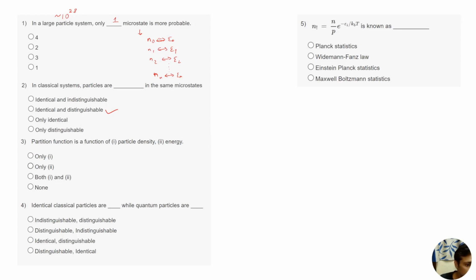What about the third question? Partition function is a function of... So what was the partition function? If you remember, it is N divided by... N is the total number of particles, and the sum over i equal to 1 to r of e to the power minus beta Ei. This was the expression.